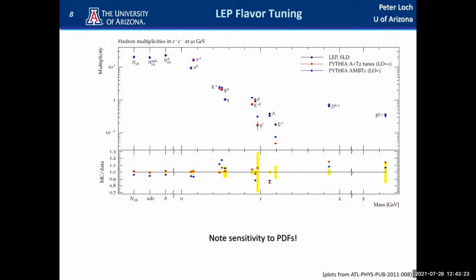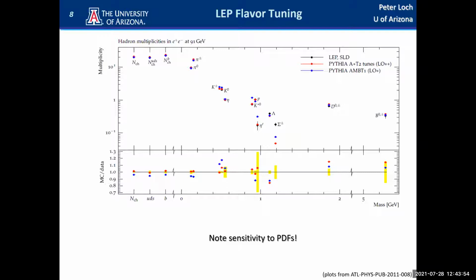So here's the result of a tuning from LEP, which we actually redid in the old days in ATLAS. We reran all the LEP tunings together with the few tuned parameters for which we could use LHC data. And you see here how well we can tune to these productions compared to the LEP and SLD data.